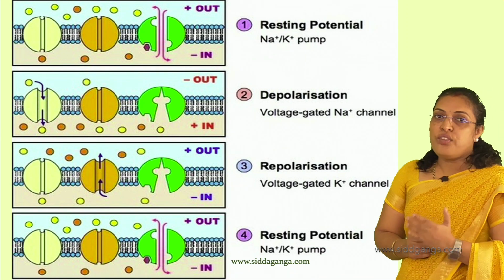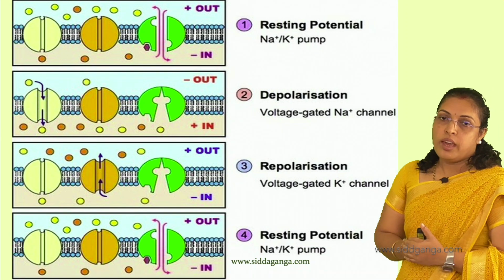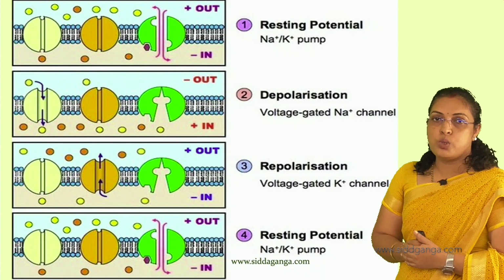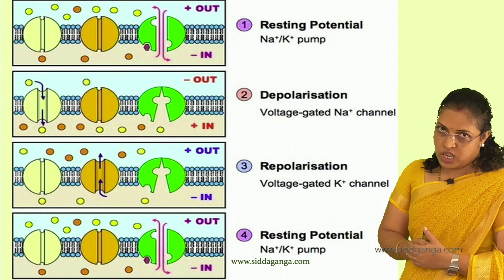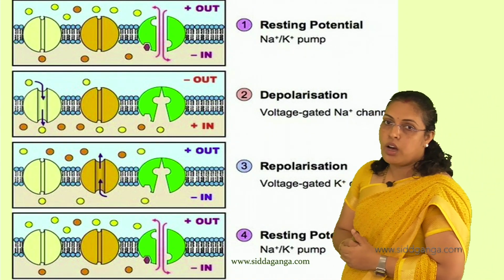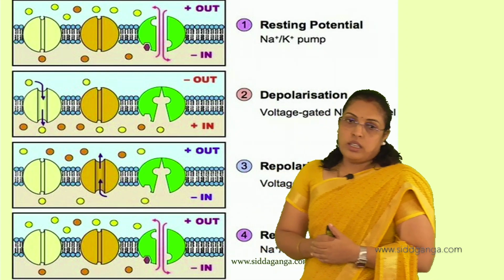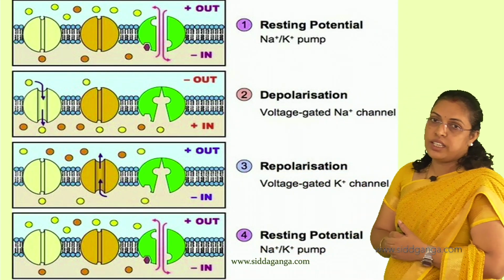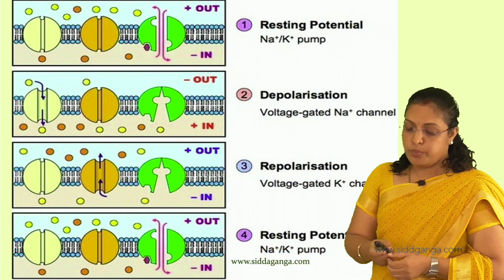That results in efflux of potassium. Again we see positive charge outside and negative charge inside. Resting potential is attained again. This is how the ionic movements result in generation of action potential.